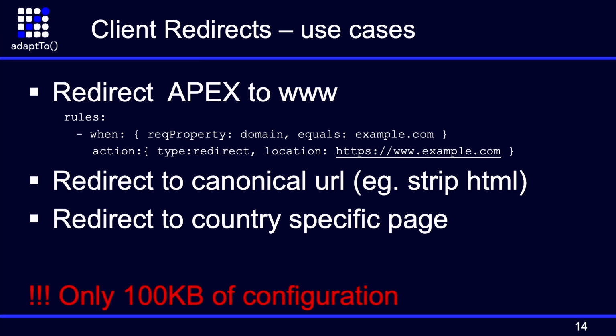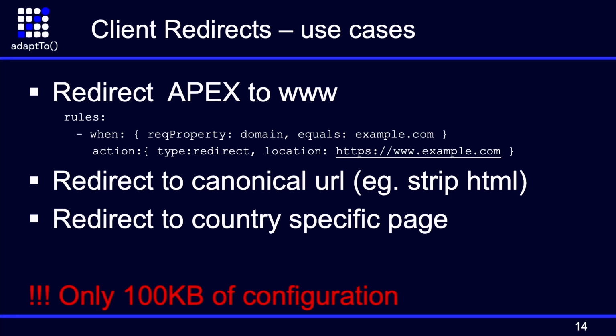After you pass through the request transformations, the traffic filters, authentication, and so on, when you are confident in your traffic, you can start doing things like redirects. The redirects are more for systemic redirects, like redirecting from Apex to www or stripping HTML and redirecting to the canonical form. Or you can do country-specific redirects. You detect the client is from Germany, you redirect to the German homepage.